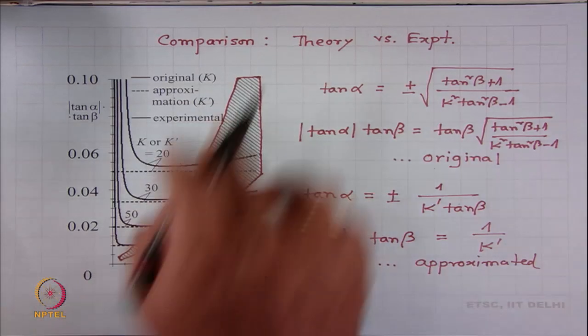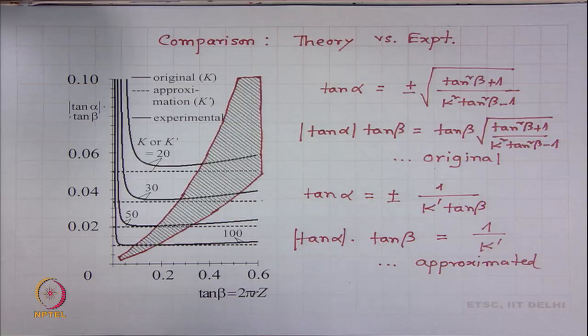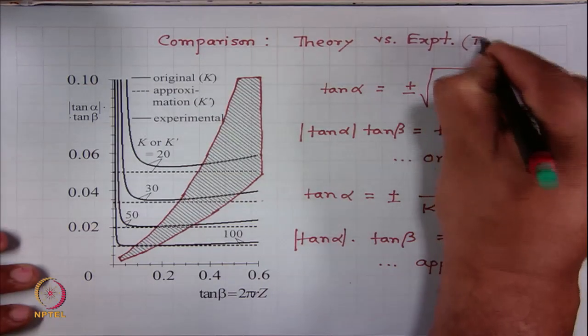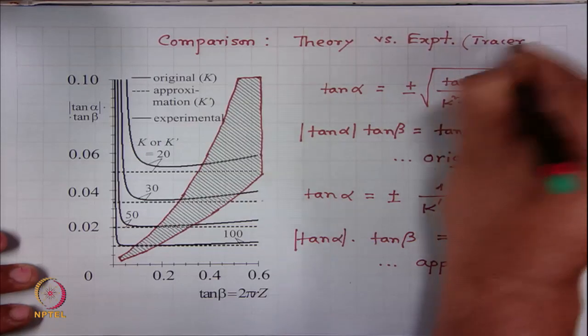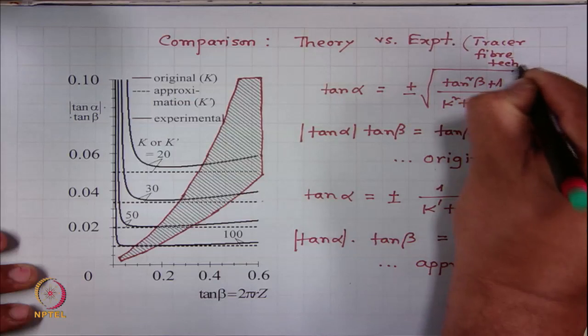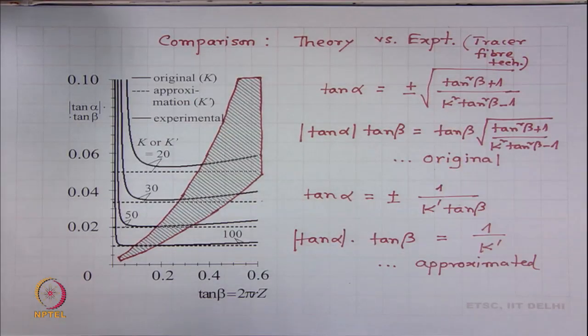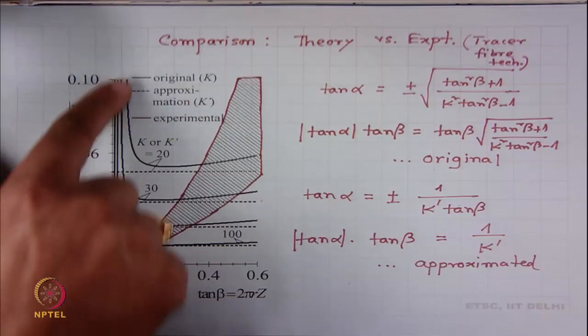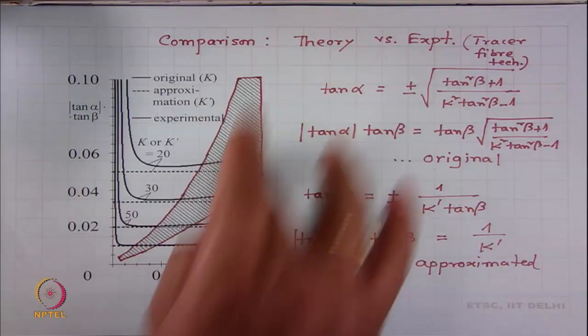The experimental results were obtained using Morton's tracer fiber technique. What we see is that there is a complete mismatch between the theoretical results and the experimental results.